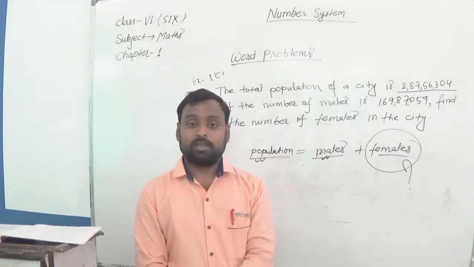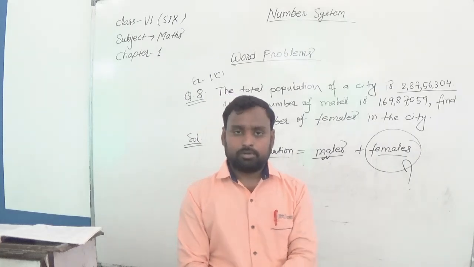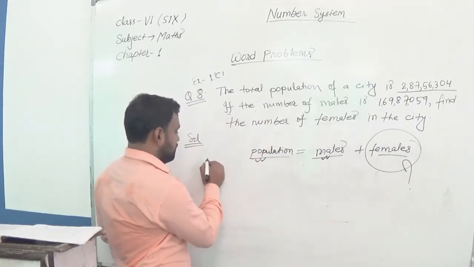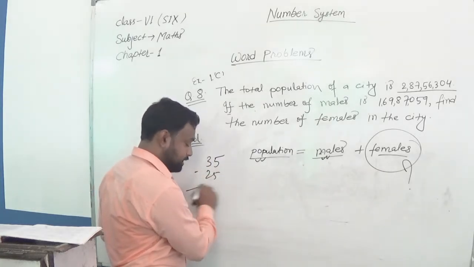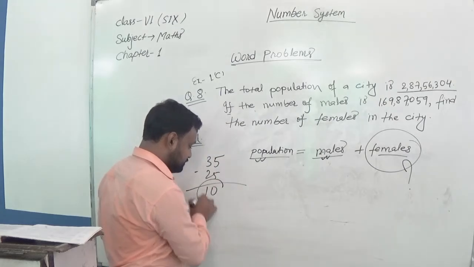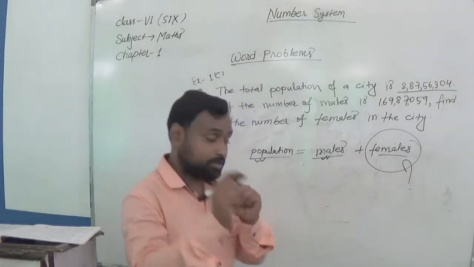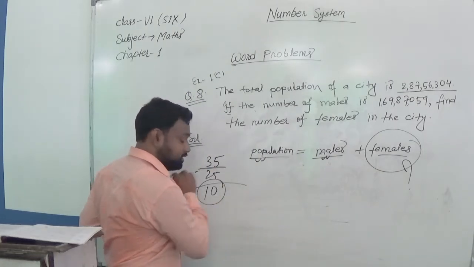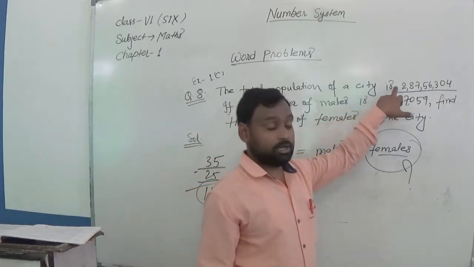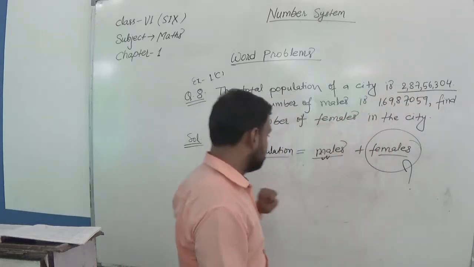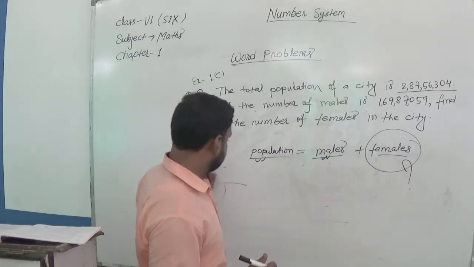In that case, if anyone asks the number of girls, what do you do? You take the 35 total students minus 25 boys, which gives 10. You say the number of girls in your class is 10. You use the total number of students and the number of boys. In the same way, the total population is this. Try to learn how you solve it in your notebook.